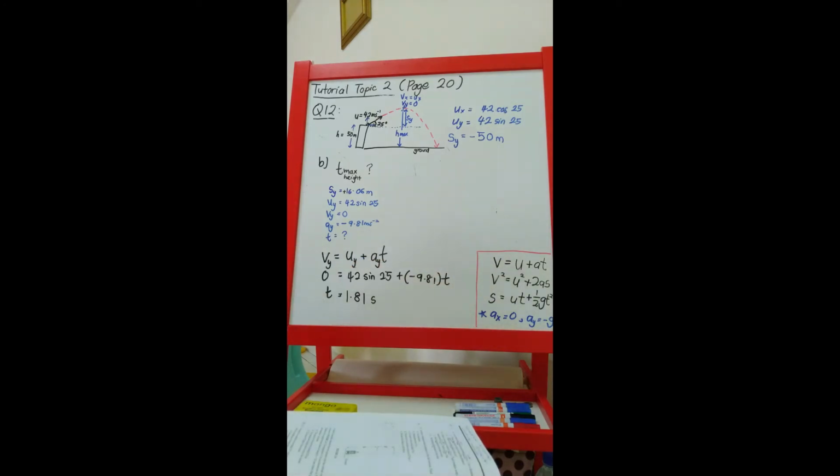Therefore use this, and make sure you label vy, uy, ay, and t. vy is 0, uy is this one, plus ay is negative 9.81, and then time. Rearranging, you get 1.81 seconds, the time for it to reach maximum height.